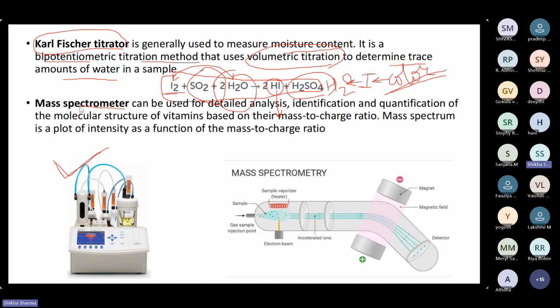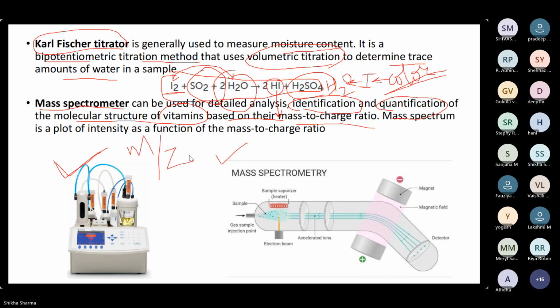Second is the mass spectrometer. Basically, we use it for detailed analysis, for identification and quantification of molecular structures of vitamins based on their mass to charge ratio, which is the m by z ratio.